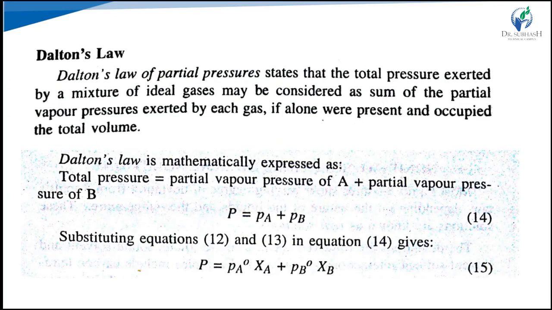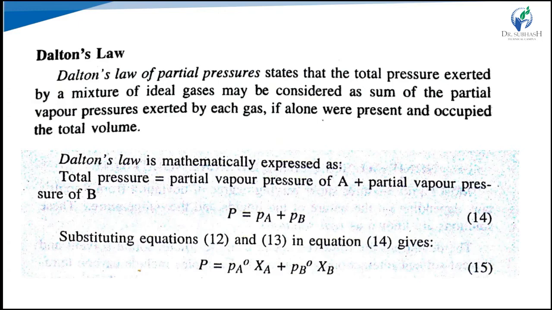Second one, Dalton's law. Dalton's law of partial pressures states that the total pressure exerted by a mixture of ideal gases may be considered as the sum of the partial pressures exerted by each gas, if it alone were present and occupied the total volume.